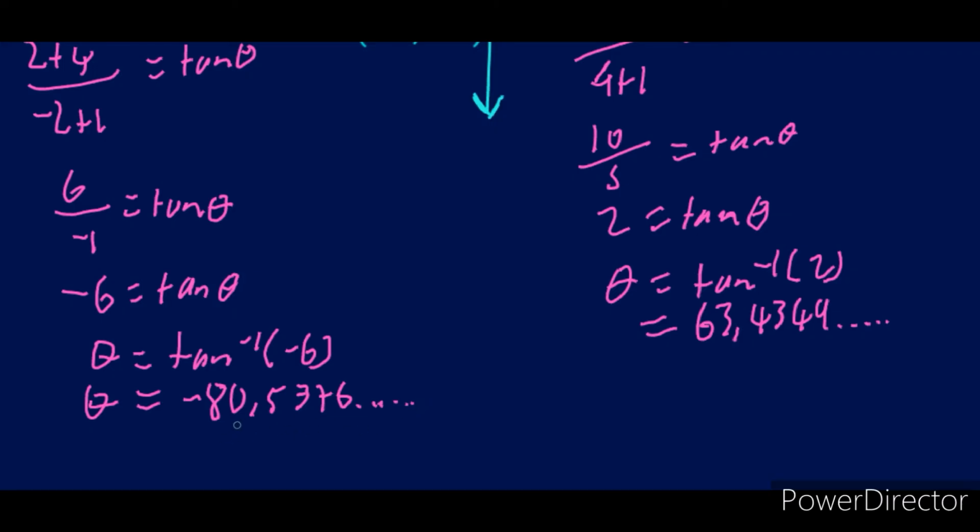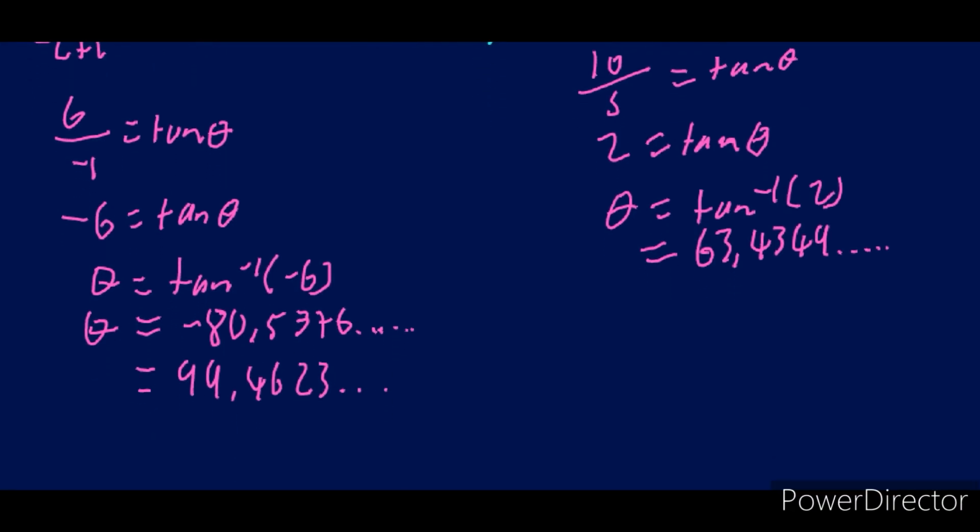Whenever it gives you a negative, you have to add 180. When you add 180, this is going to give you 99.4623. And from here, do not round off.